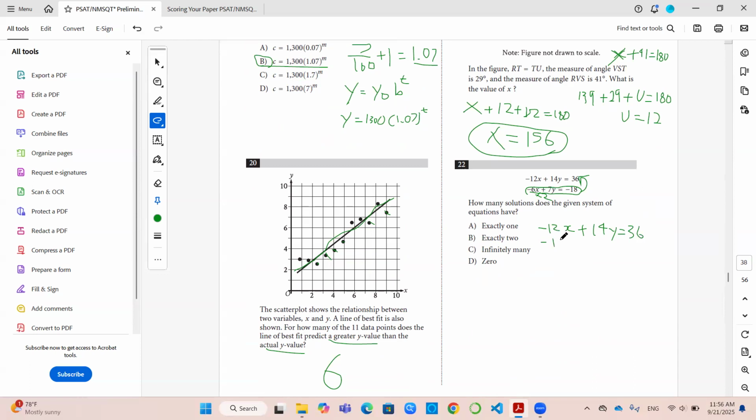And the second equation is minus 12x plus 14y is equal to minus 36. Notice how these are the same, but these are different. You can't have this. So what this means is that there are no solutions to this given system of equations. So 0 is the correct answer.